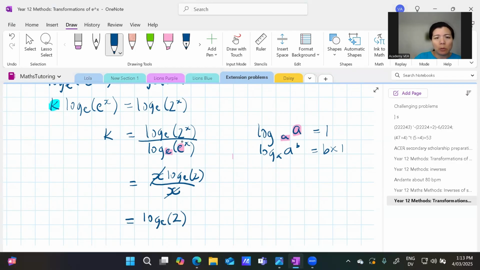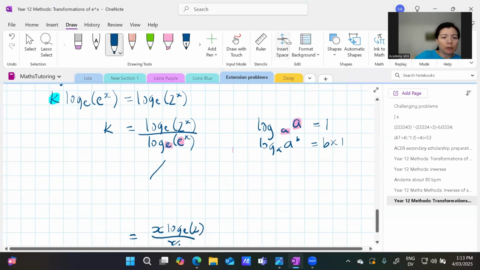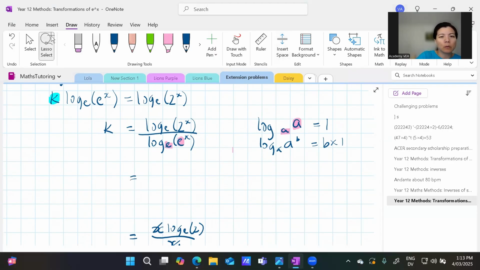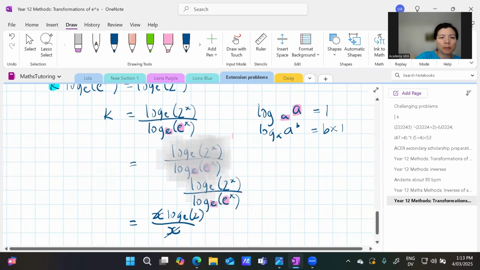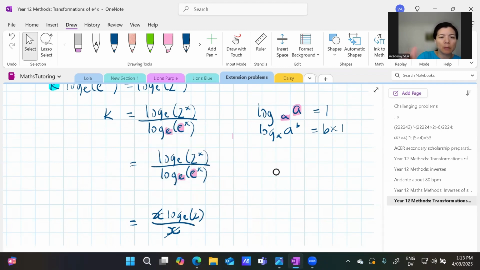In case you wanted the in-between step, which I suspect some of you might, let's make it over here. The in-between step was to bring the x's down for both of these. I'm going to get rid of these x's and write them down at the front.